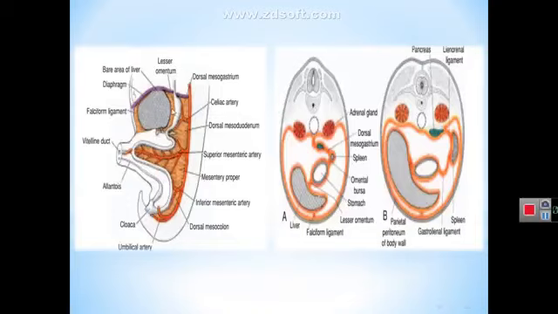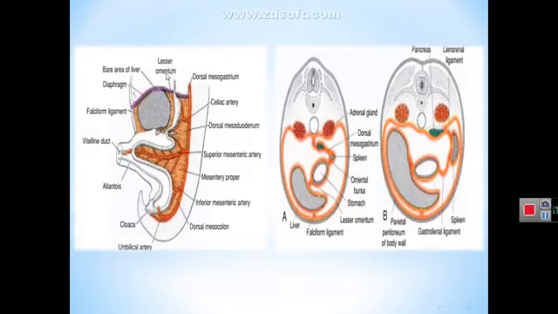This figure shows the ventral mesentery or ventral mesogastrium divided into two parts. The lesser omentum extends from the lower part of the esophagus, stomach, and upper part of the duodenum to the liver.